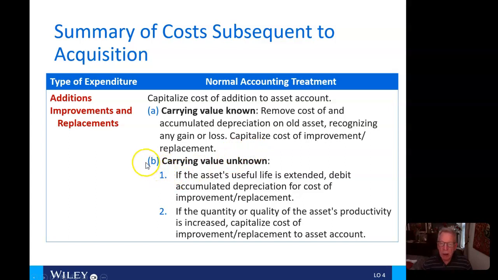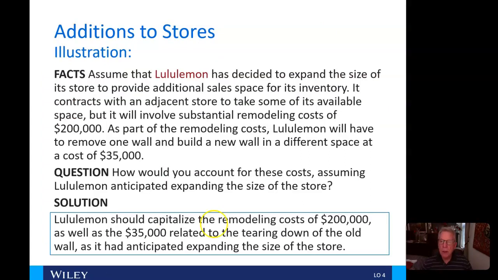If the carrying value is unknown, if the asset's useful life is extended, we'll debit accumulated depreciation for the cost of the improvement or replacement. And if the quantity or quality of the productivity is increased, we'll capitalize the cost of the improvement or replacement to the asset account. So I think that that's pretty clear.